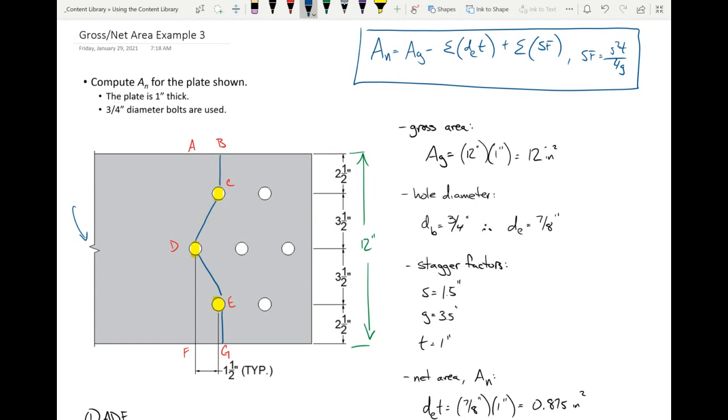So you're telling me I take the gross area minus 3 bolt holes, but then what's the formula say? The gross area minus the diameter of the hole times the thickness plus stagger factors. So do I add stagger factors? And if so, how many? 2. You have 2 stagger factors. There we go.